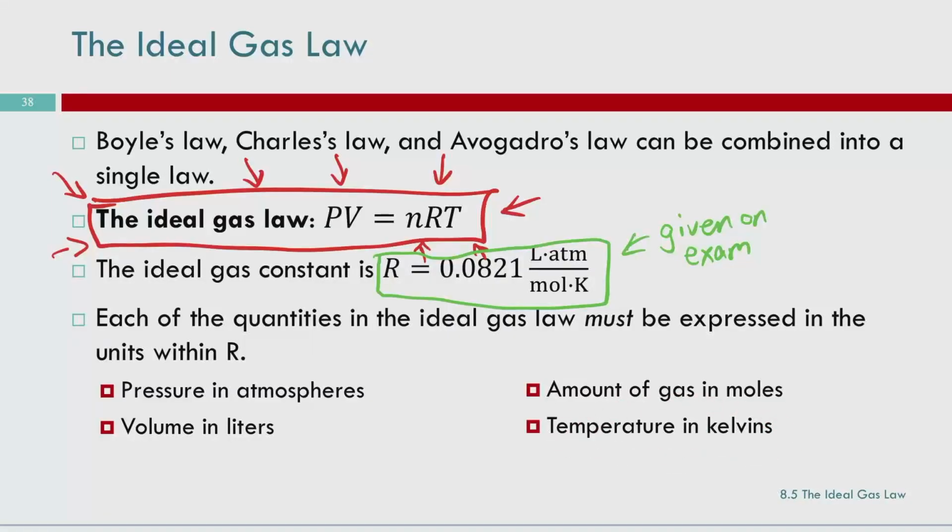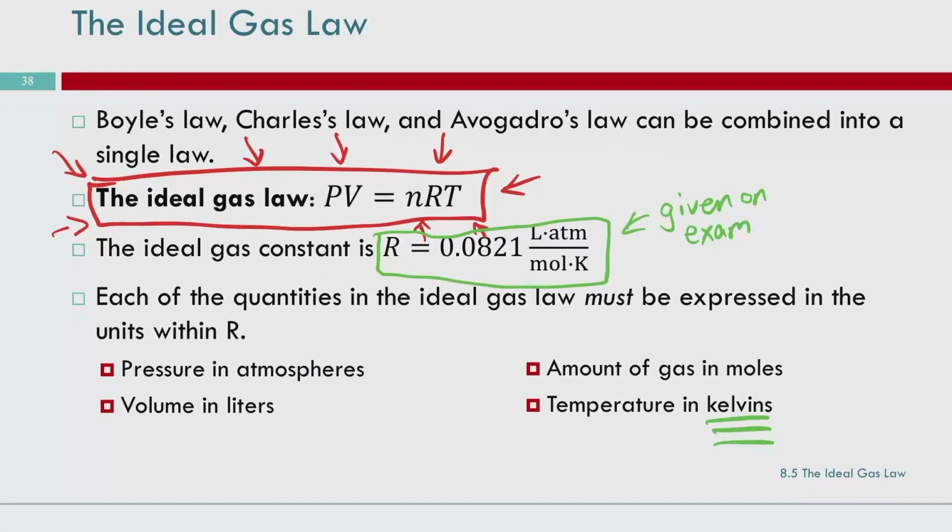So this is another reminder that our temperature has to be in units of Kelvin. So we can potentially catch ourselves if we're writing our units out and canceling them out like we should. We can catch ourselves if we accidentally put in degrees Celsius or if we accidentally put in millimeters mercury or torr or some other units. So that's kind of nice. Not nice because it's a lot of units to write out. It's annoying for me, so I understand it being annoying for you, but we do it.